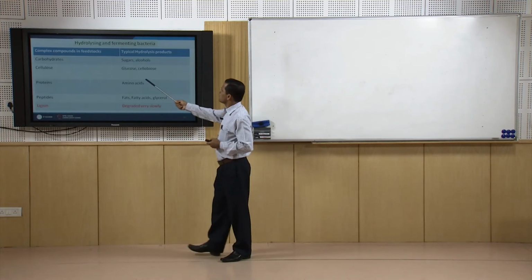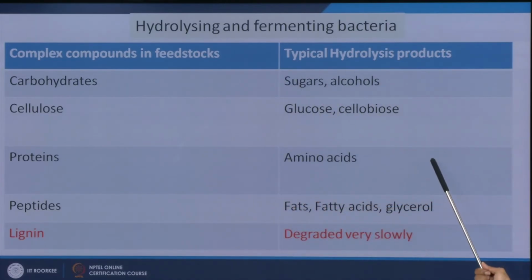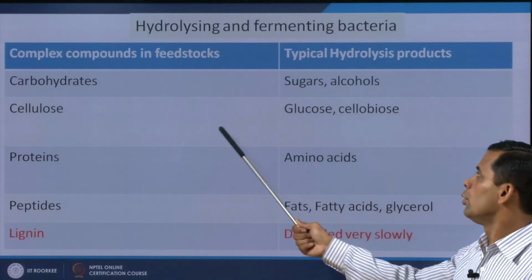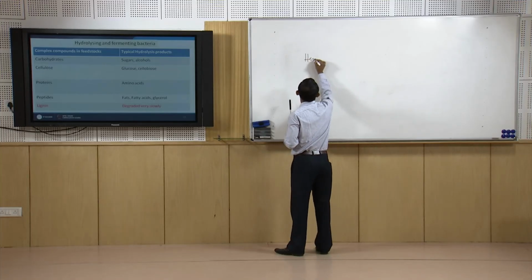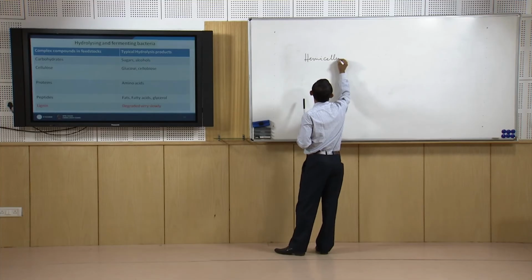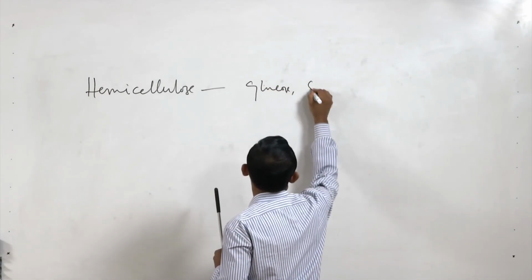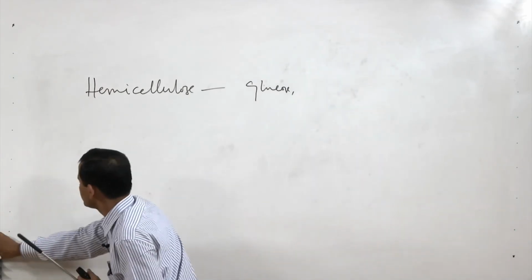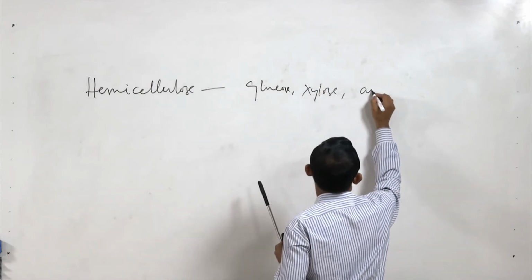These are the different complex compounds and their converted forms: carbohydrates to sugars and alcohols, cellulose to glucose. It may be, say, hemicellulose; hemicellulose gives glucose, xylose and arabinose.